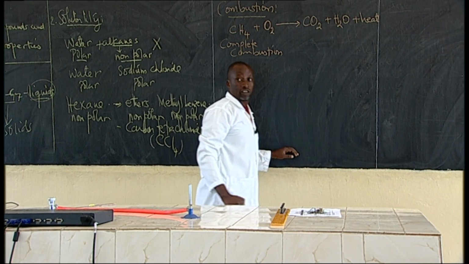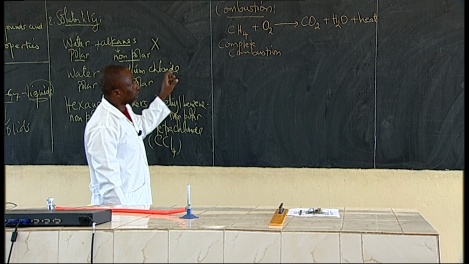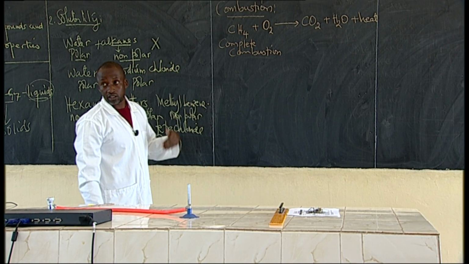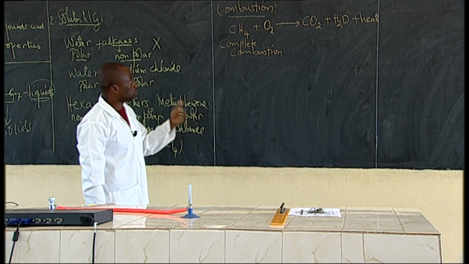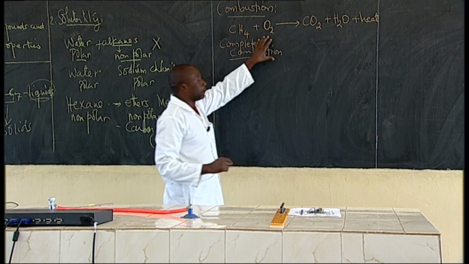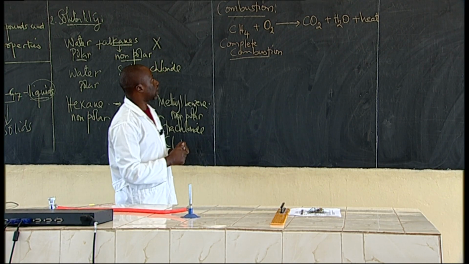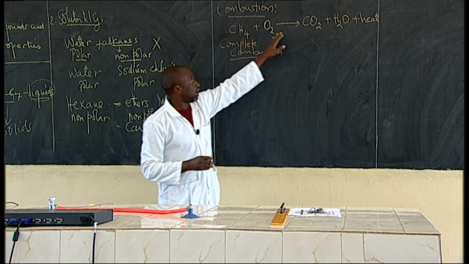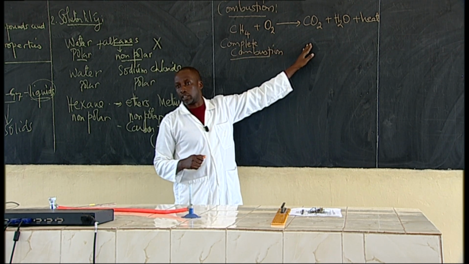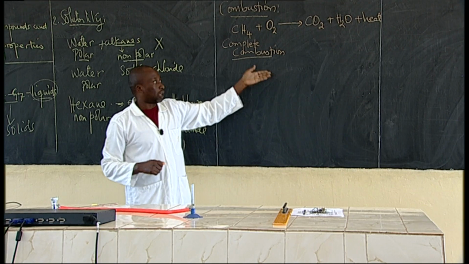This heat is given in the form of flame, and this is the reason why these substances are mostly used as a source of fuel. We will look at that in the uses later on. You can balance the reaction, as I said earlier, whenever you write the equation, you need to balance it.